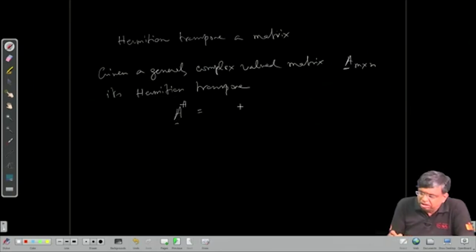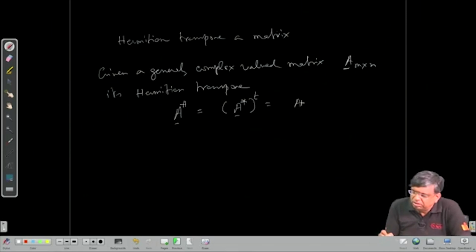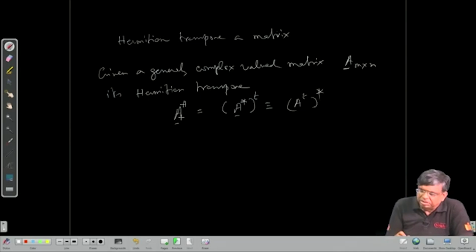A^H will be either you take the complex conjugate of each entry, then on that matrix apply ordinary transposition, or alternatively you can first transpose and then conjugate, you will get the same thing. First you conjugate everybody, then transpose, or first transpose and then conjugate everybody. Obviously they will be the same, so this is equivalent. If A is m cross n, after this it will be n cross m because of transposition.